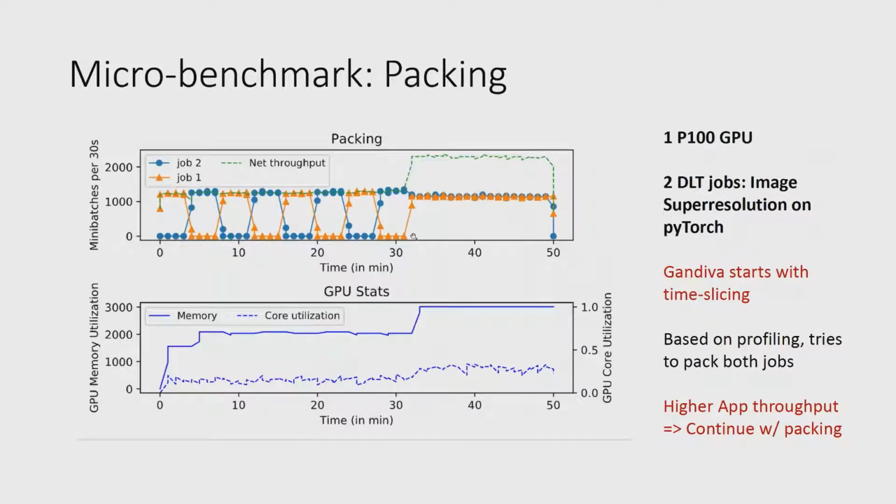And the second, for packing the placement, they did an experiment with two jobs. The first job is running, and then for the next time slice, the second job is running and the first job is suspended, and then it resumes, and the second job stops, after several rounds of interchanging. What the client side actually observed is that the GPU core utilization is very low.